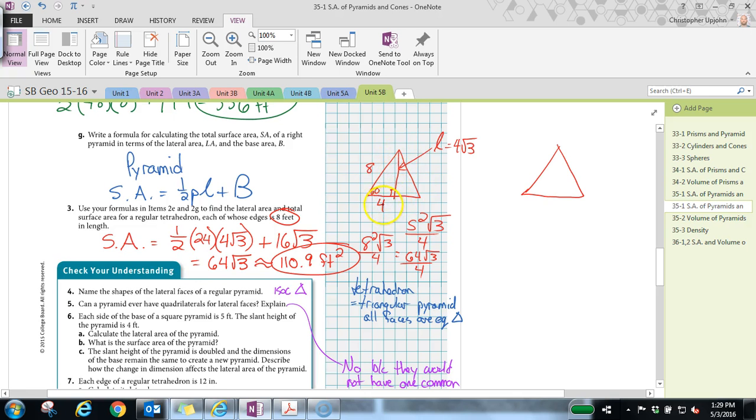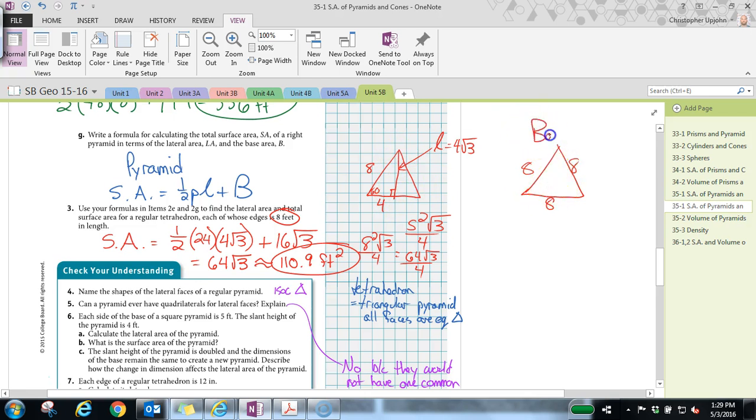And we draw a perpendicular, it cuts that, so it's 4. So the slant height is 4√3. So 1/2 the perimeter, 8 plus 8 plus 8, 24 of the base, times the slant height, which is 4√3, of the lateral face, which happens to be the same for this, but that's not what we're talking about.